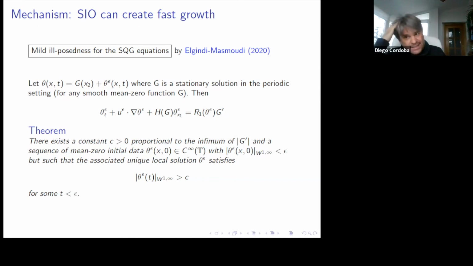For example, for SQG, the Hölder norms are locally well-posed and they satisfy this property. They're mildly ill-posed in Hölder norms, but there's local existence, so therefore there's no strong ill-posedness.